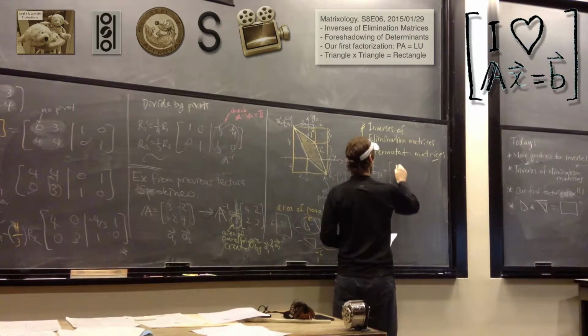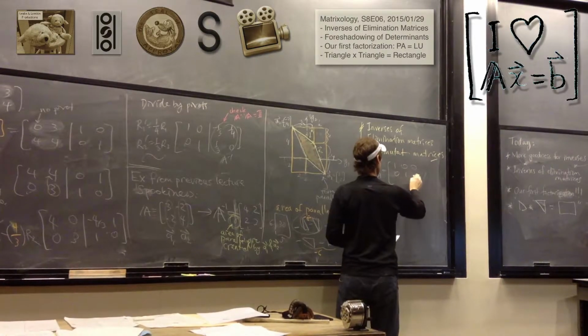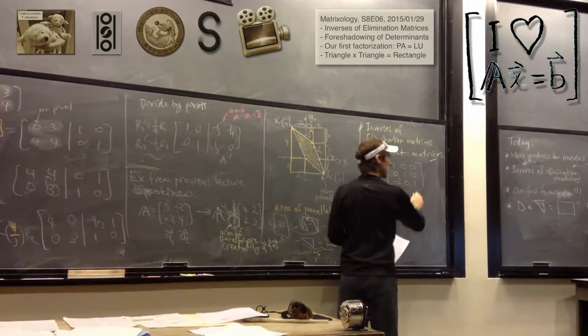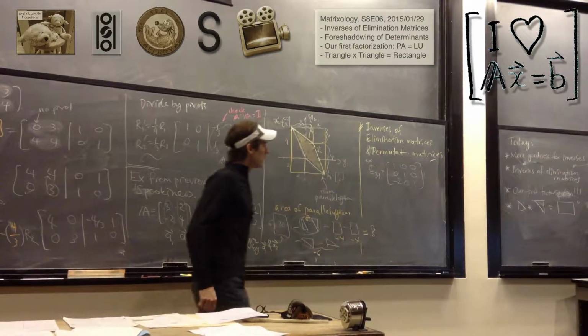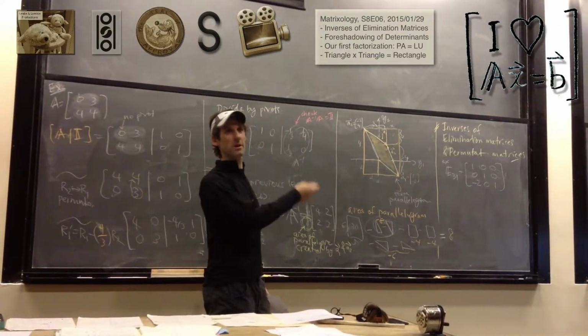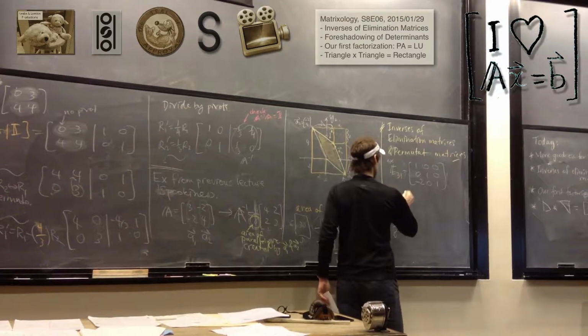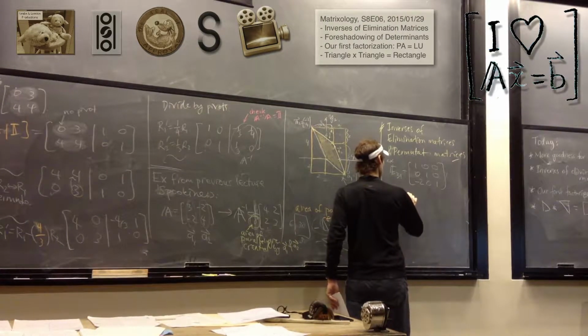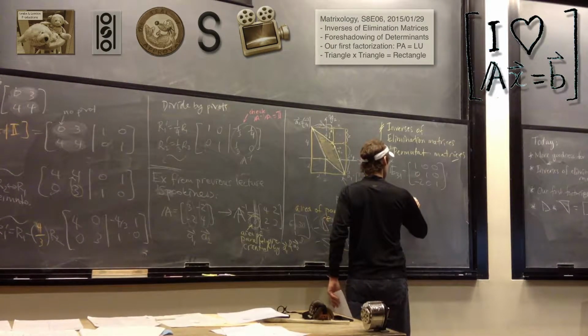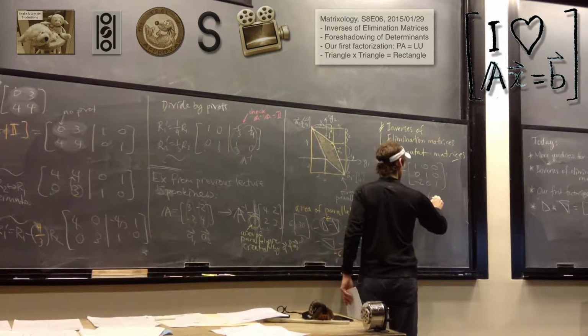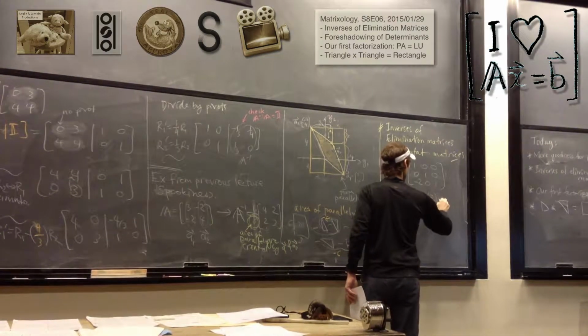This guy, 1, 0, 0, 0, 1, 0. Looks mostly like the identity. It's got a -2 here. I'm just making this one up. So we need to go back. This is a row swap thing, right? I'm sorry, no row swap. This is a row operation. So this is equivalent to saying row 3 prime is row 3 minus 2 times row 1.